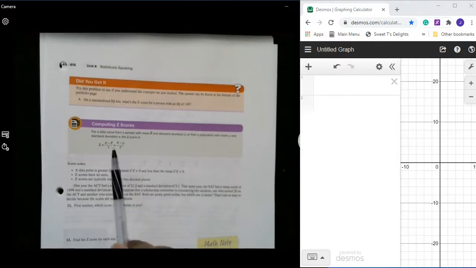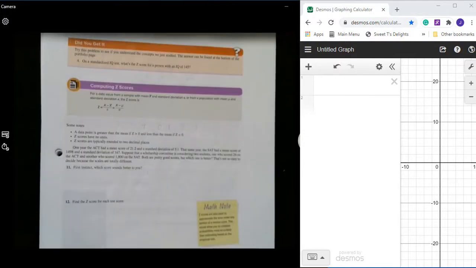So we have it for the sample, and we also have it for the population here. All right, some notes. A data point is greater than the mean if z is greater than 0 and less than the mean if z is less than 0. Z-scores have no units. Z-scores are typically rounded to 2 decimal places.